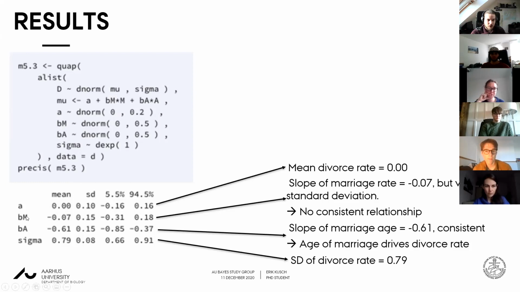Now, for marriage rates here, we have a slope of -0.07, but we have a super large standard deviation on it. And also this interval here is very, very broad. It came up in the lecture by McElreath that a lot of frequentist people always look at whether an interval covers 0 or not.